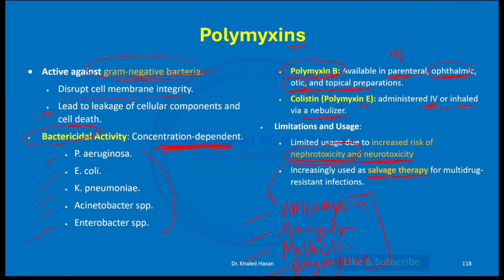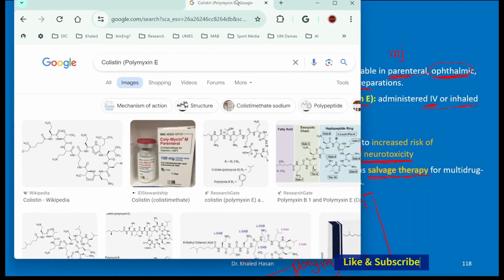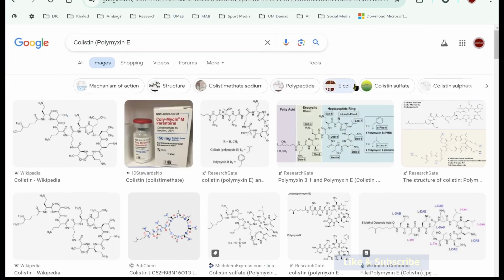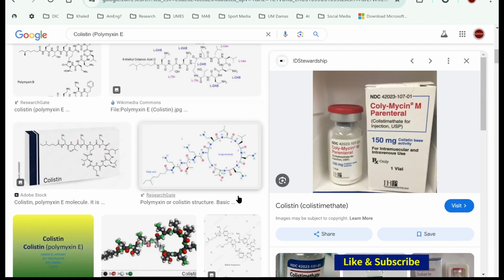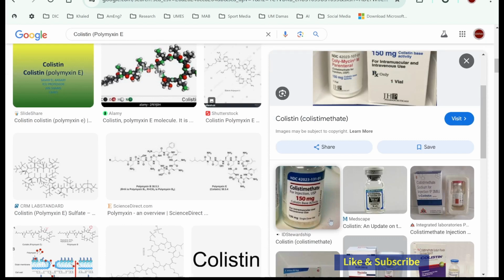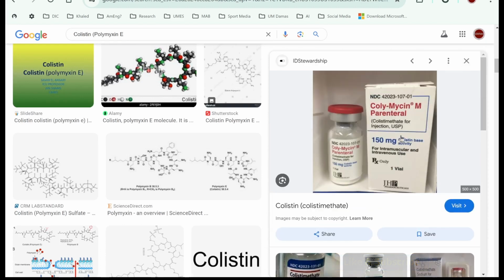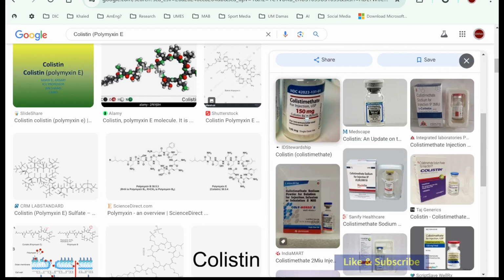Okay, polymyxin. What about polymyxin E? We have it here, polymyxin E, and this one is colistin.